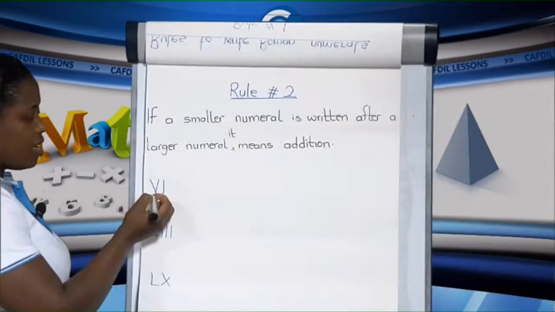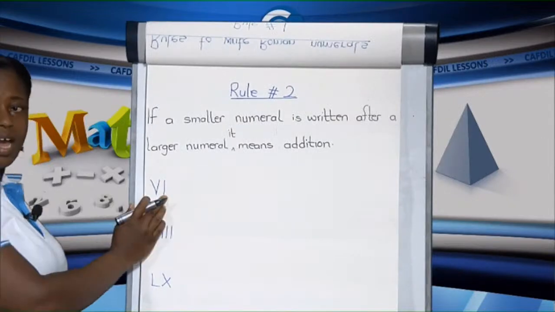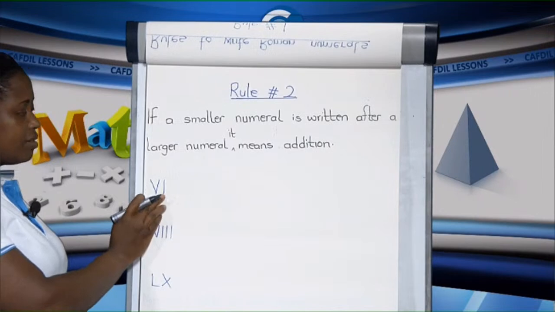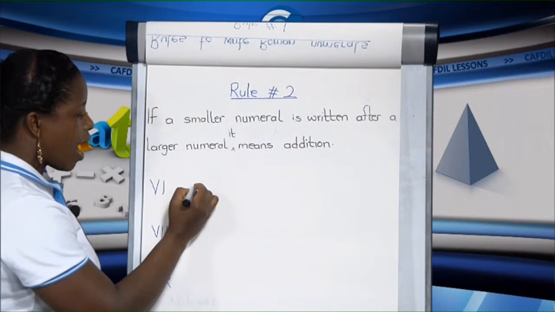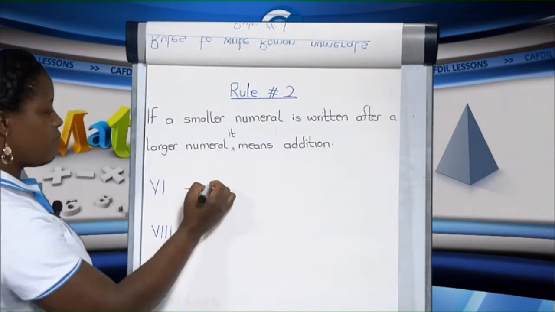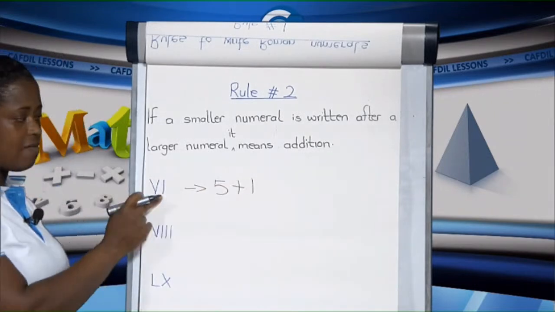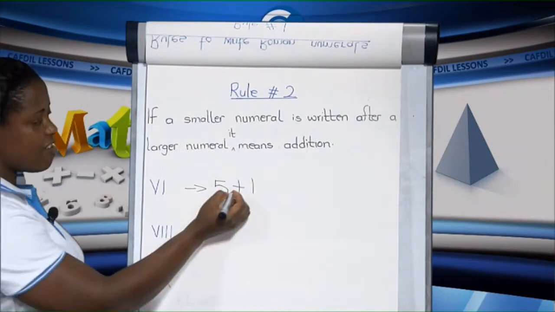V is bigger than I. Look at where I is. It is written after V. So the value of VI will be 5 plus 1, because V is 5 and I is 1. So we will write it as 5 plus 1, which will give us 6.